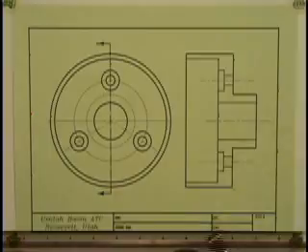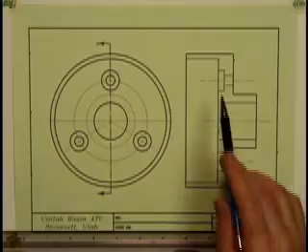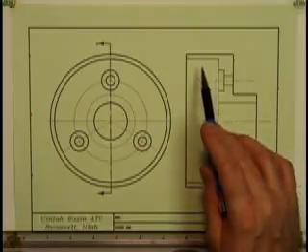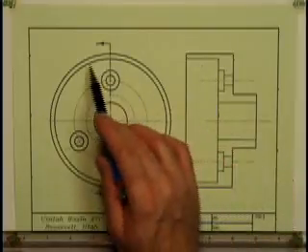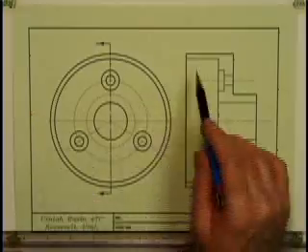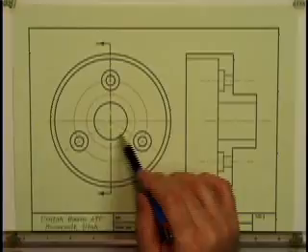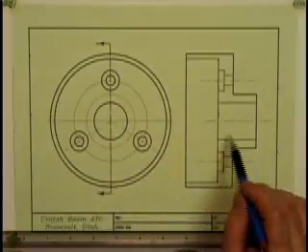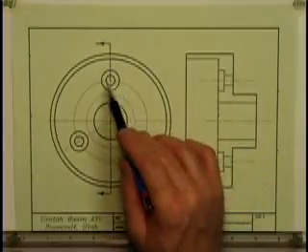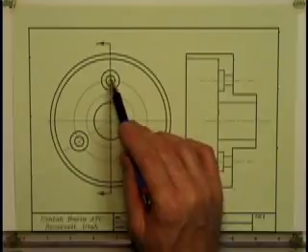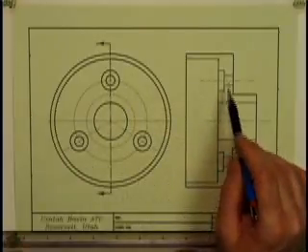And so the next thing that we would do is to add the diagonal cross-hatching where the object touches the cutting plane. Now you'll notice that there's a big hole right here. That's what this pocket is right here. There's a hole right there that goes through. That's what this area is. And then we've got these counterbore holes here and here.